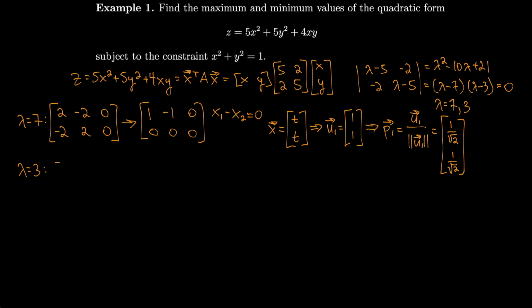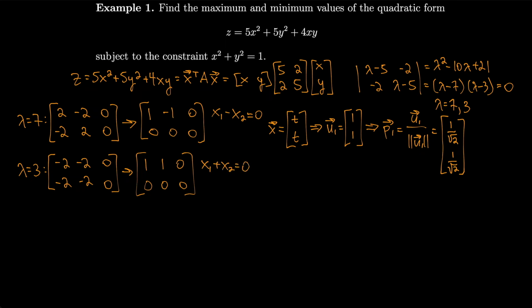So let's look at the minimum now for lambda equals 3. So I'll plug in 3, I get minus 2, minus 2, minus 2, minus 2, and I'll add a column of zeros. And then clearly the bottom row cancels out, the top row I can divide, just get 1, 1, 0. So I get x1 plus x2 equals 0 from the top row.